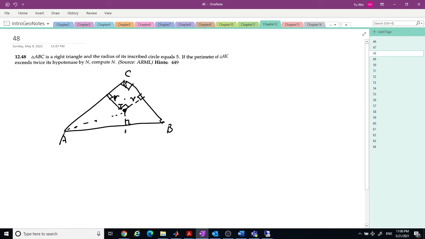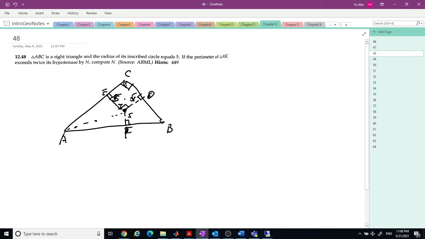So let's see. This is D, E, F. Okay, so now we know the radius is 5, right? So it's 5, 5, and 5. If the perimeter of ABC exceeds twice its hypotenuse by n, let's see what the perimeter is.